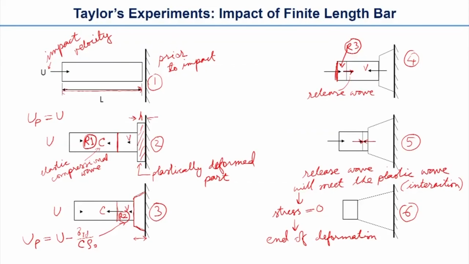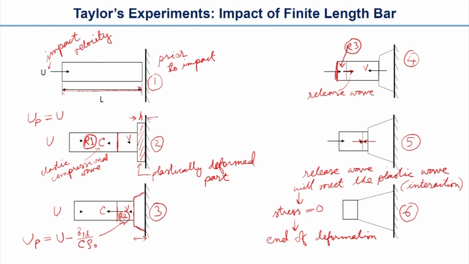But in this case, not only the elastic wave propagation term, but also the impact velocity will have a role. So the resultant will be u minus sigma subscript yd by c rho naught.